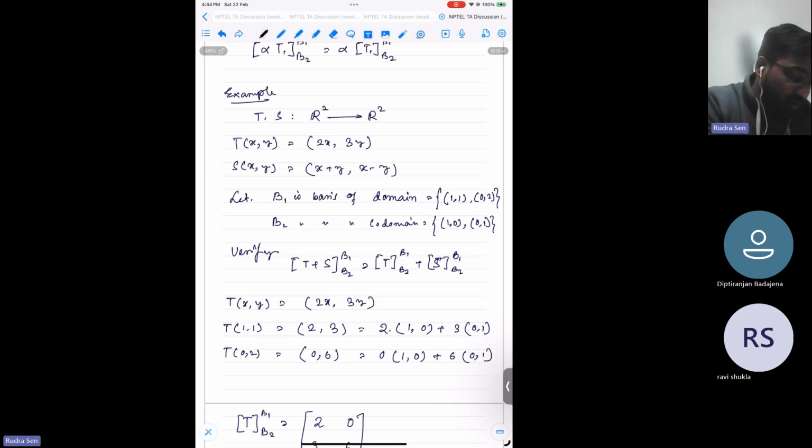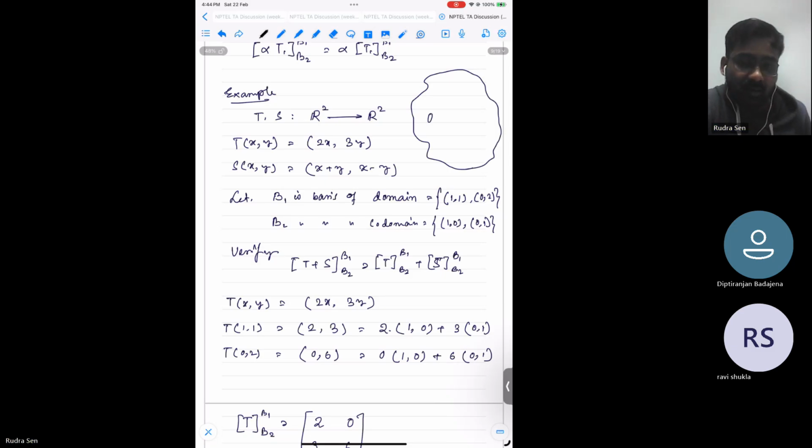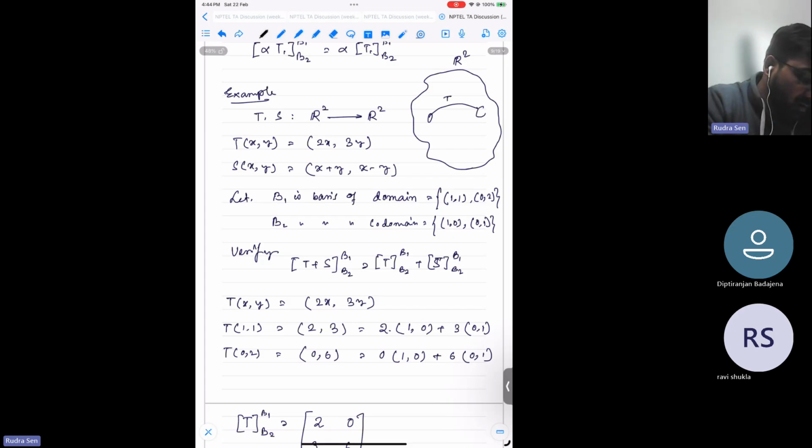So you are just confused with these two terms, right? This is R2 space. I'm taking a value from somewhere, using some transformation and placing it somewhere in the same space.